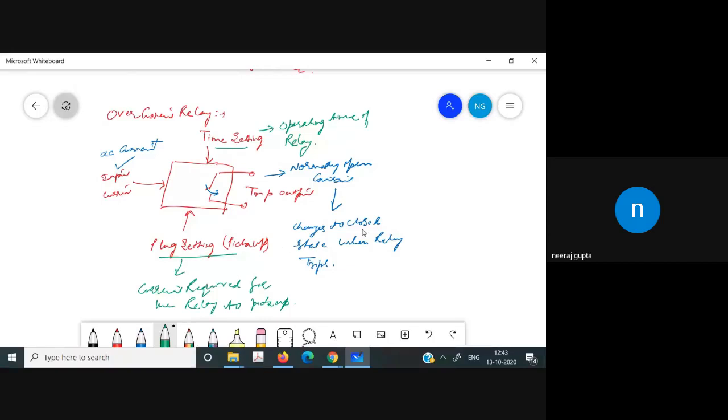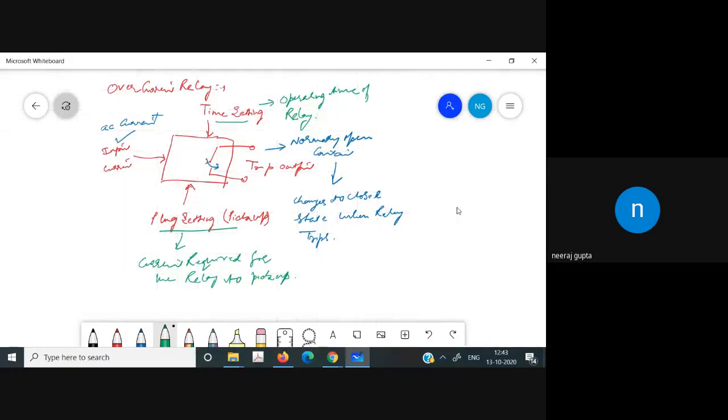So it will have the time setting and the plug setting. Time setting decides the operating time of the relay, and the plug setting gives the current required for the relay to pick up.